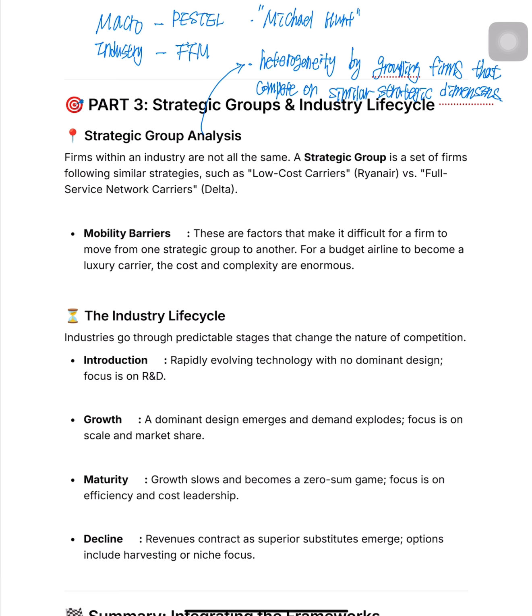Okay, so let me illustrate with the airline industry, which we have already talked about, so you have some familiarity with its dynamics. Airline industry case.